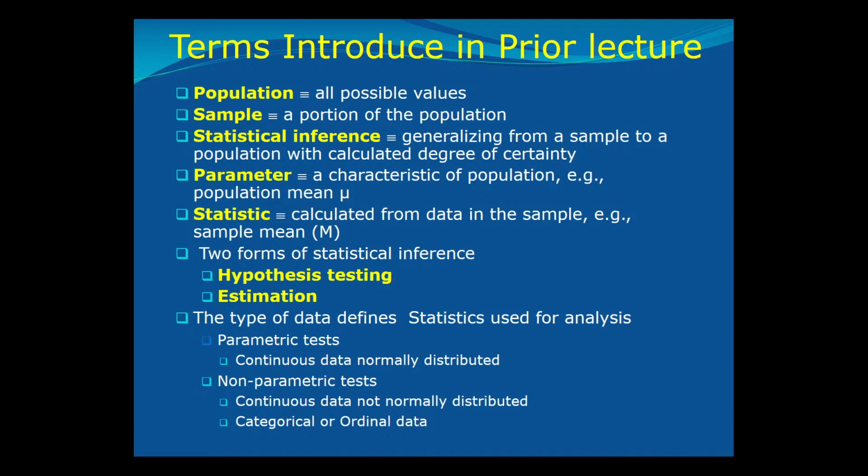According to these types, we should use parametric tests or non-parametric tests. We use parametric tests for continuous data normally distributed, and we use non-parametric tests for continuous data non-normally distributed, for categorical or ordinal data. Different types of variables were discussed during the previous lecture.